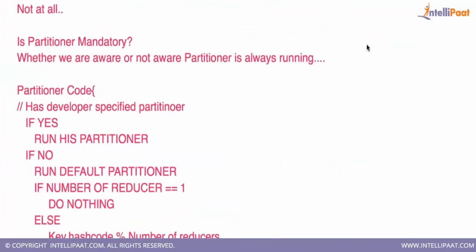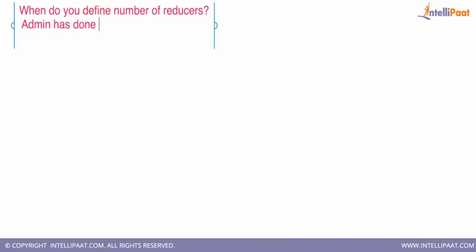When you are submitting your code, at that time you can define it. So let's put it this way. When do you define the number of reducers? Now, the admin has done it by default, but you can change it at runtime.